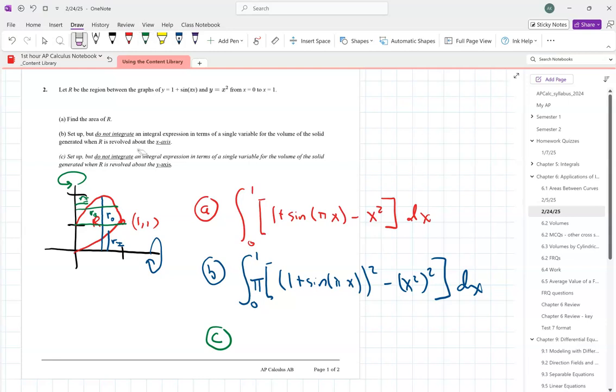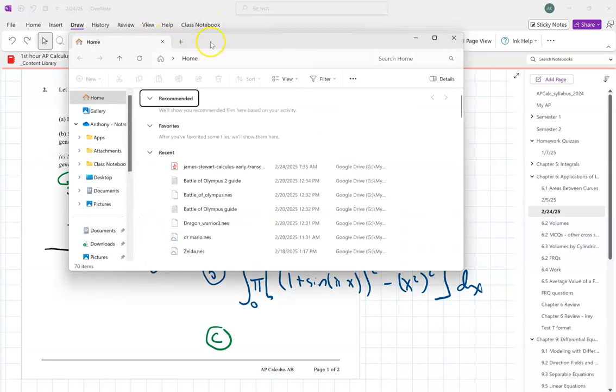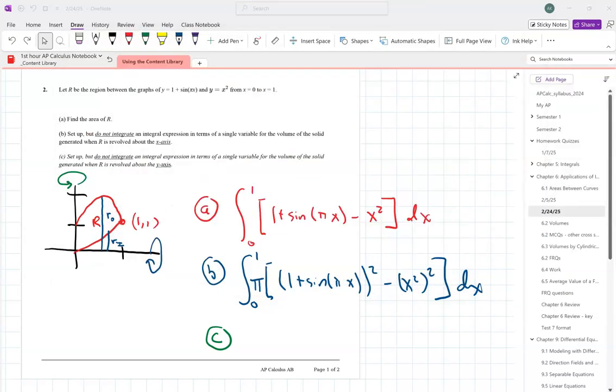Or I think we can do this with one single integral too. I did this before and I thought I came up with something kind of clever that worked.